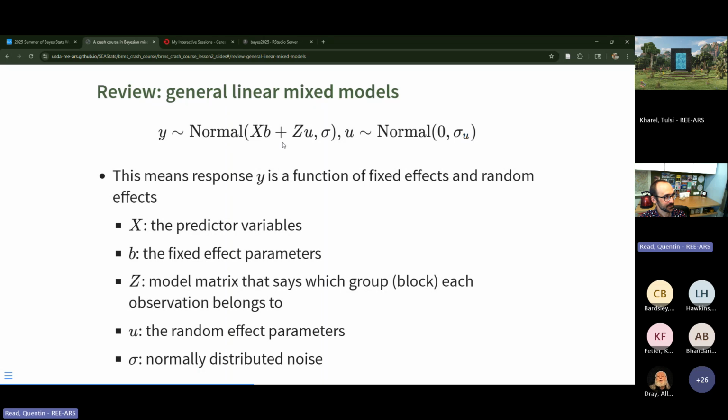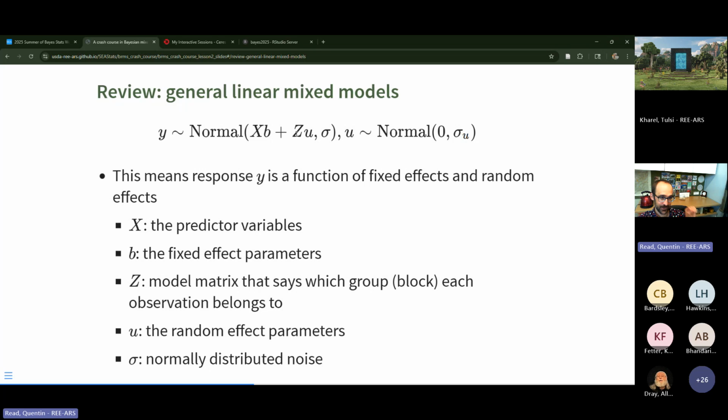So what this equation means is that our response y is normally distributed with a mean being a function of the fixed effects and the random effects. X are our predictor variables, like our treatments or covariates, temperature, whatever. And B are our fixed effects parameters, our intercepts and slopes.